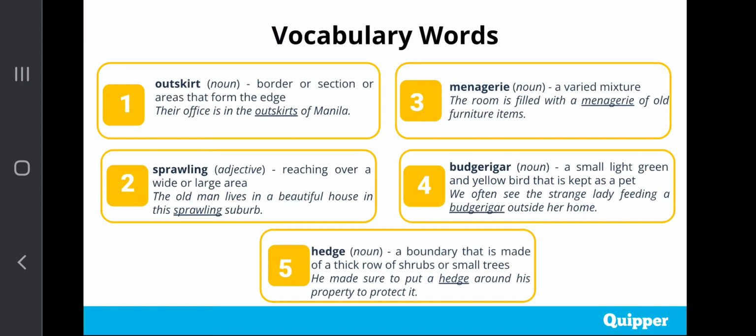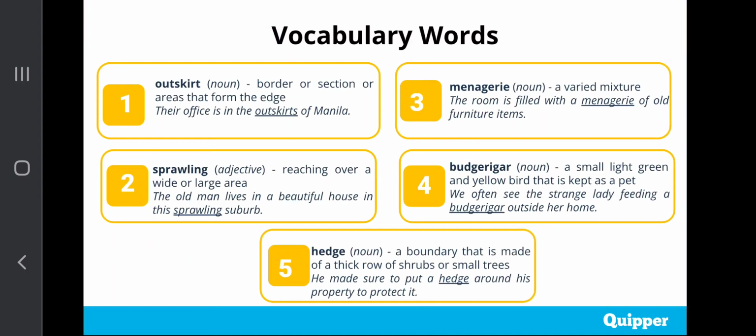Second, sprawling. Sprawling is an adjective which means reaching over a wide or large area. Example, the old man lives in a beautiful house in this sprawling suburb. Third, menagerie. Menagerie is a noun which means a varied mixture. Example, the room is filled with a menagerie of old furniture items.